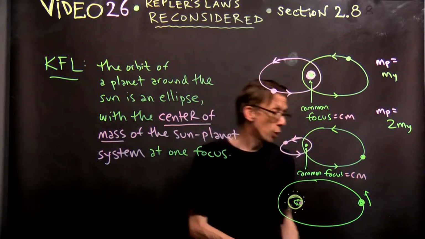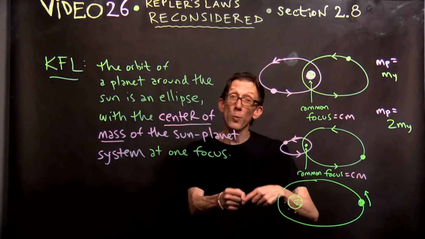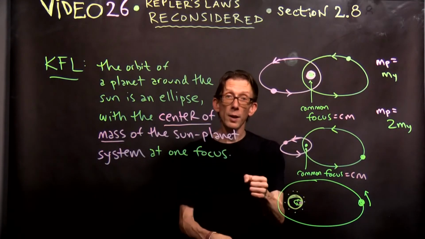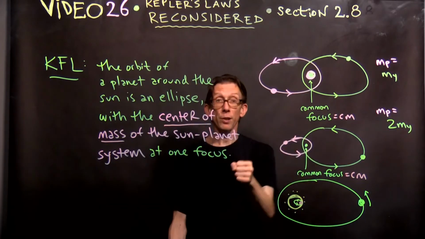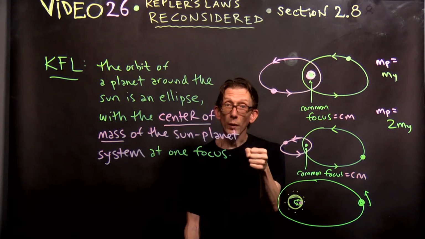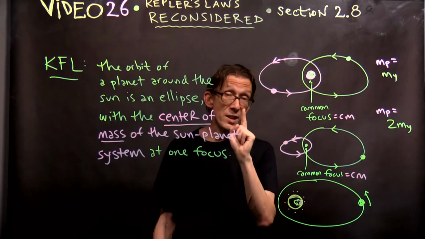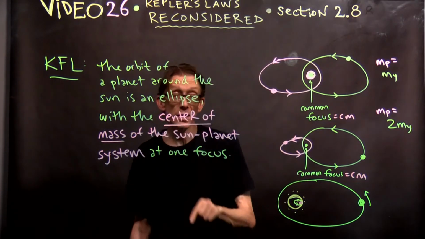So what happens as Jupiter takes its 12-year orbit around the sun? Jupiter swings out in a big circle, but the sun just does a little wobble. Just a little wobble like that. Okay? Because what the two bodies are orbiting around is not the sun, but the center of mass of that system.